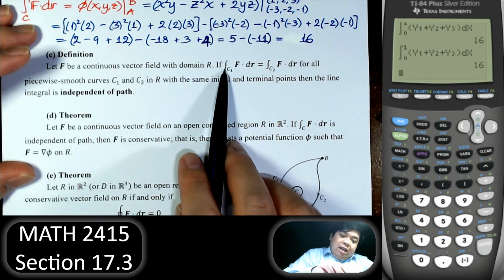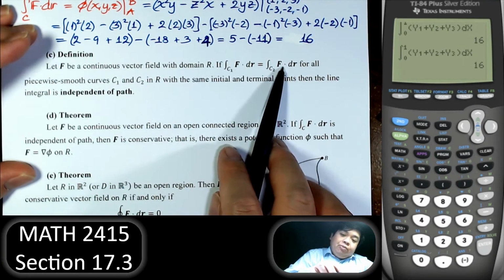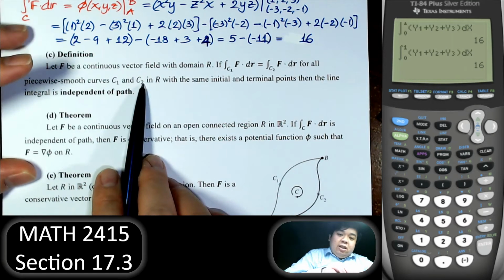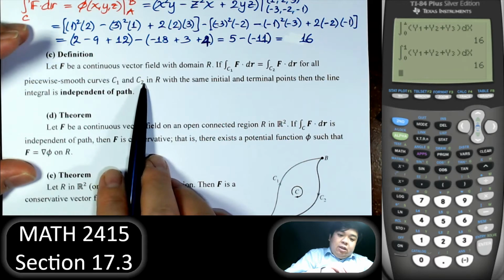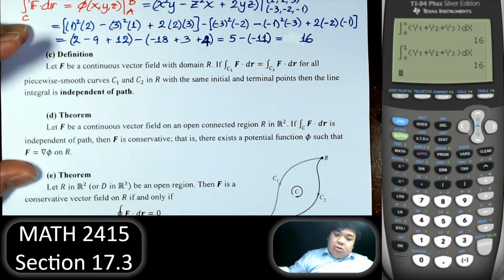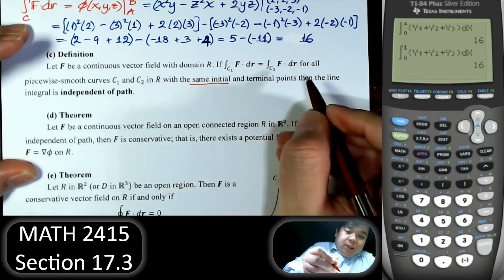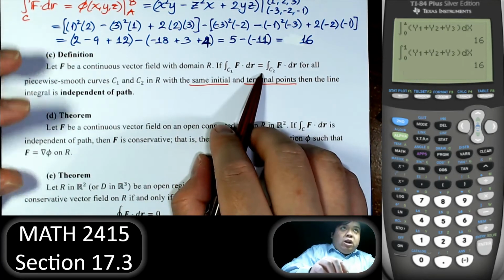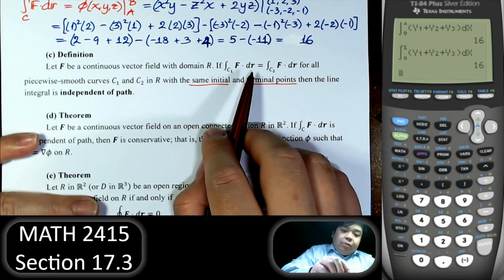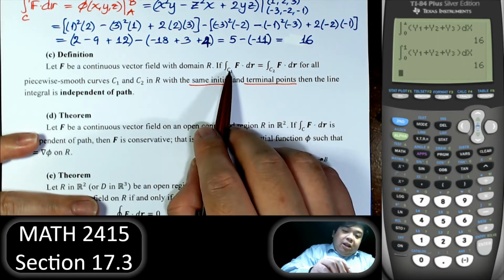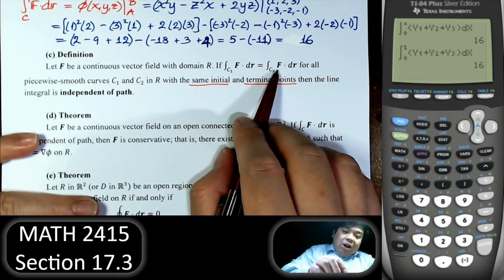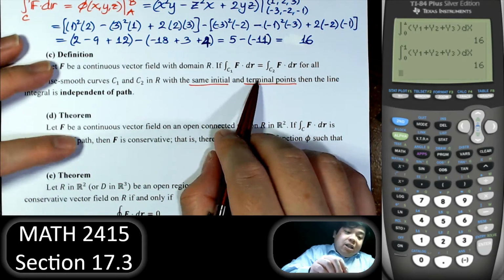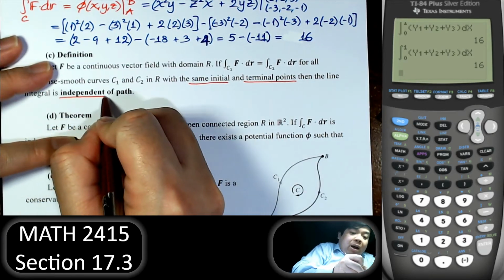Then if the line integral is the same for any curve with the same initial and terminal points, so those two integrals are the same, in that case, we call them independent of path.